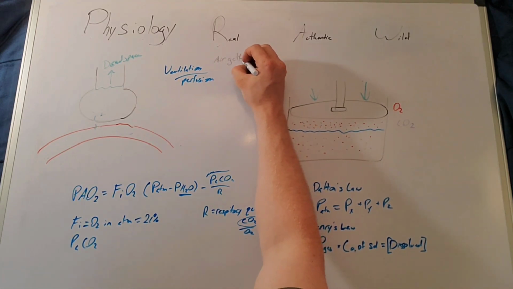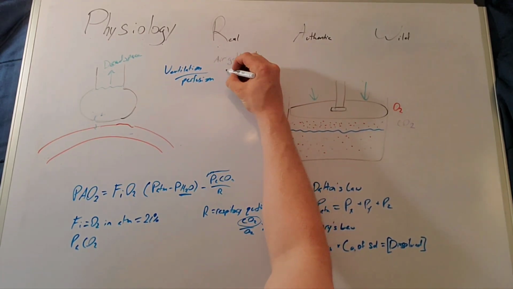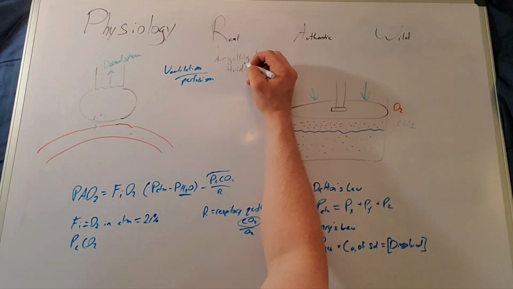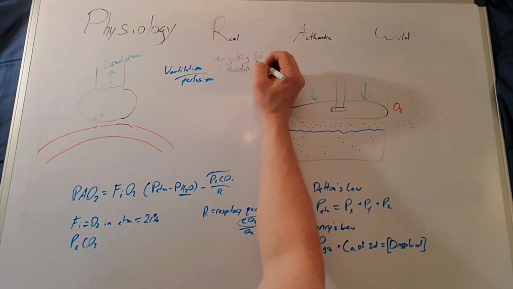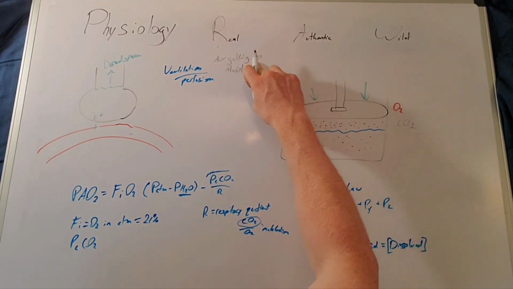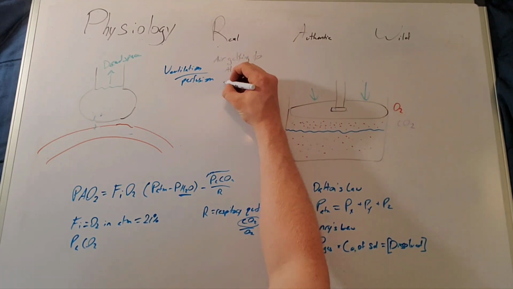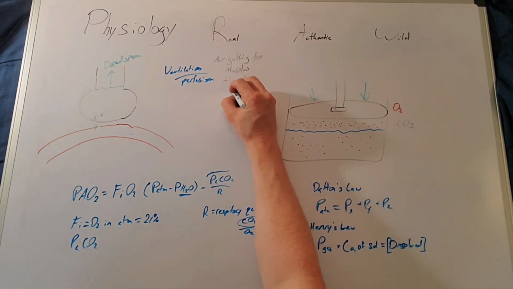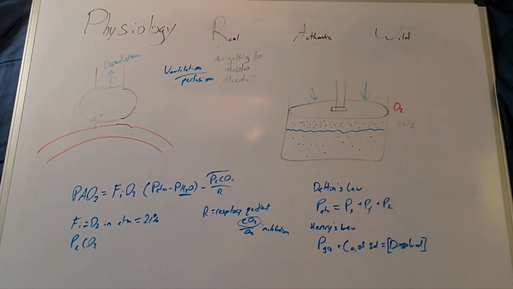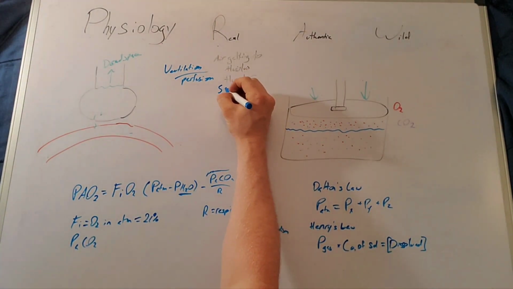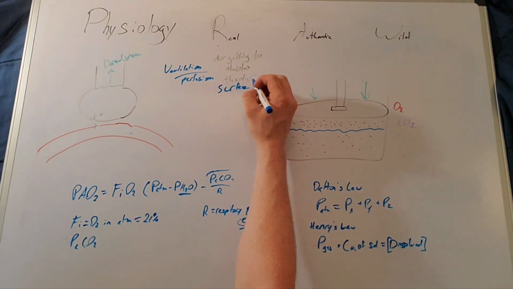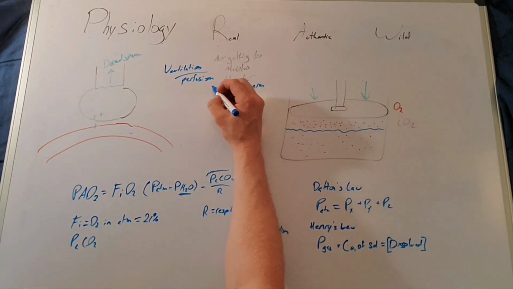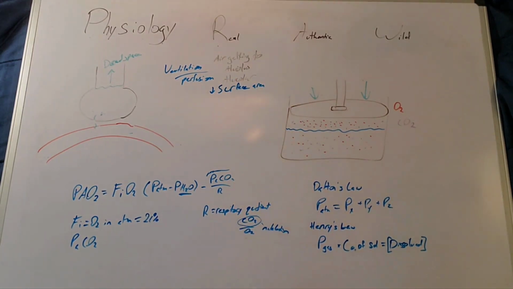Air getting to alveolus, alveolar surface area reduced. Okay. Can you even see yellow?